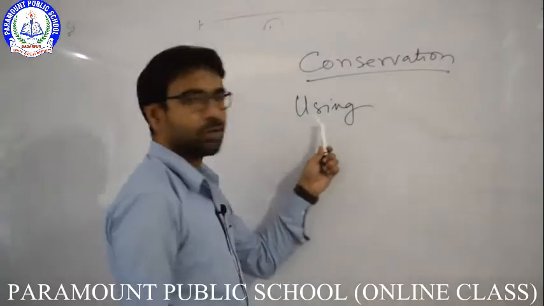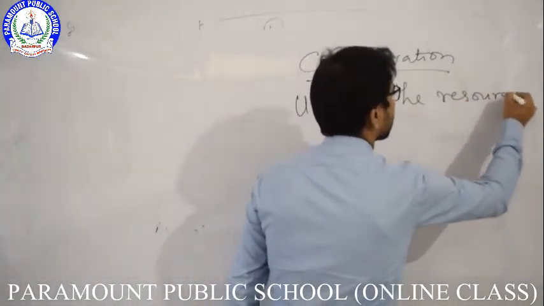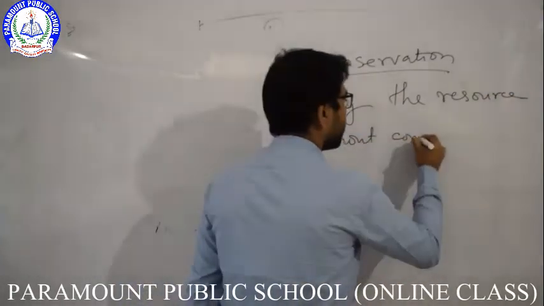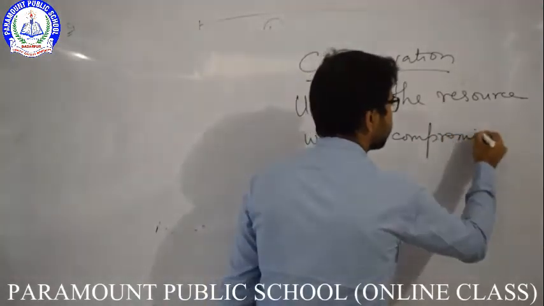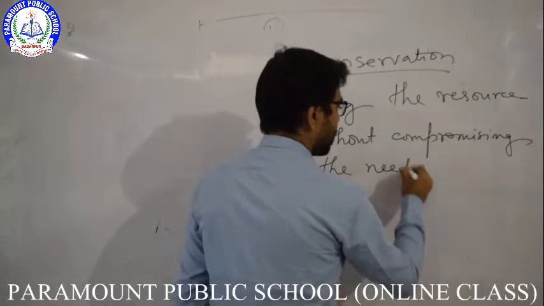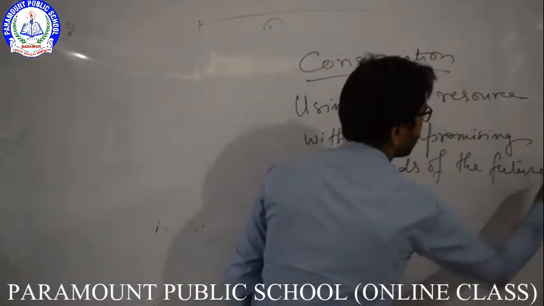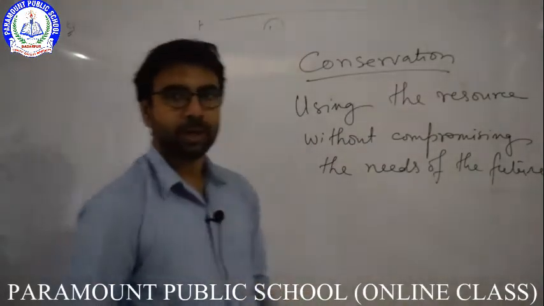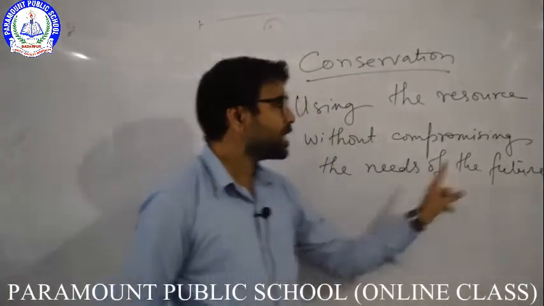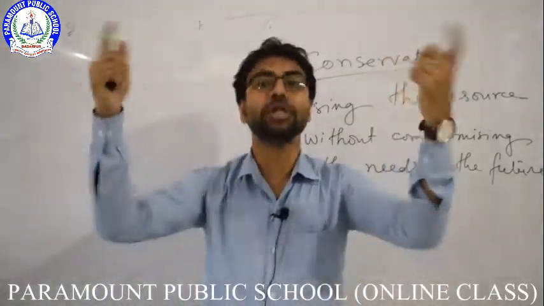You should use the resource without compromising the needs of the future. This is called conservation of resource. You have to use the resource, but you should use it in such a way that you don't compromise the needs of the future.